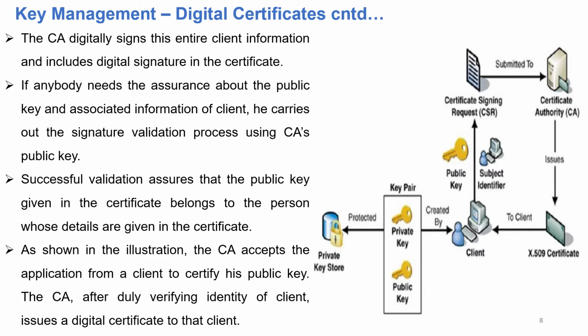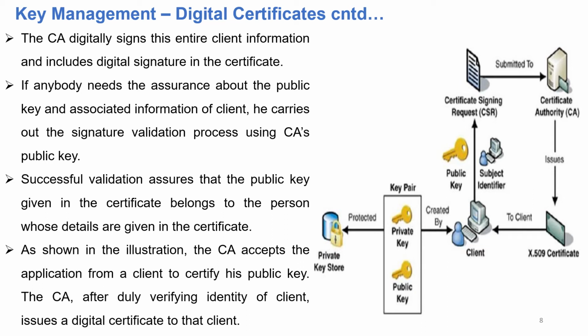Next, if anybody needs assurance about the public key and associated information of the client, the certifying authority carries out the signature validation process. First, the certifying authority will validate the public key that is coming from the client. After successful validation, the CA assures that the public key given in the certificate belongs to the person whose details are given in the certificate.